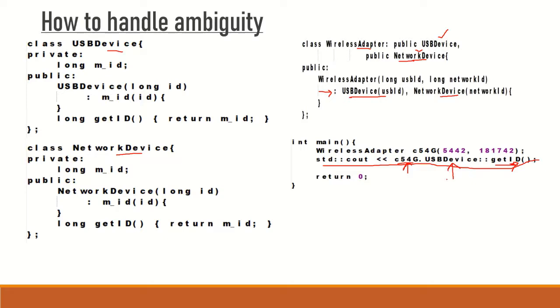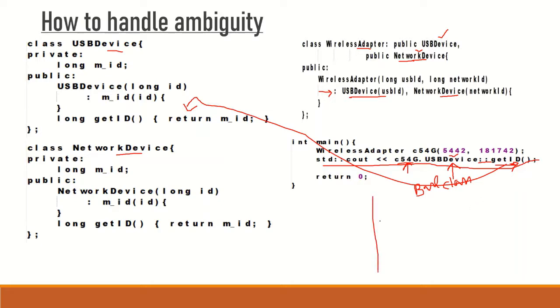We mentioned the name of the base class. So here we are telling the compiler, please call get id from the USB device class. We are using the scope resolution operator and the name of the base class from which we need to call the version. I hope the idea is clear.